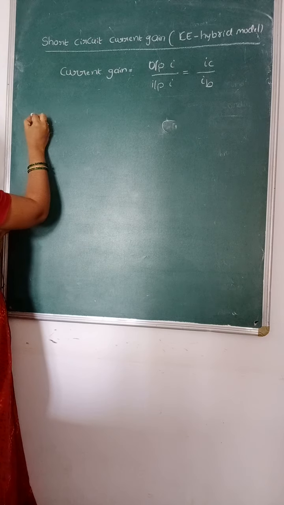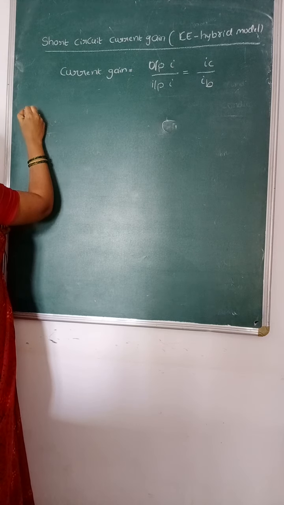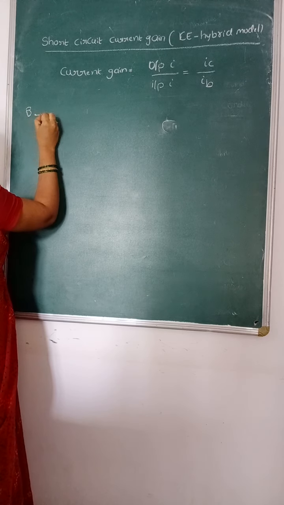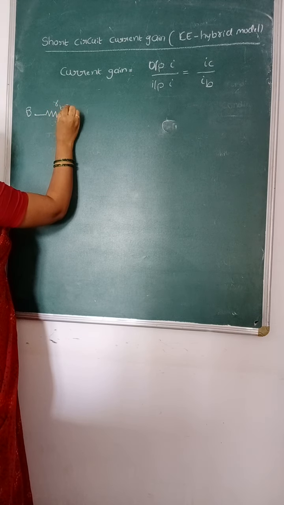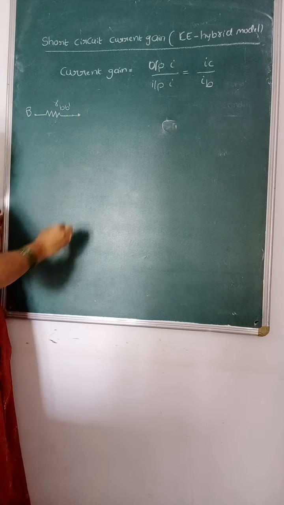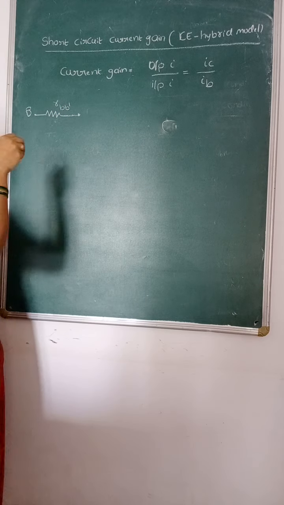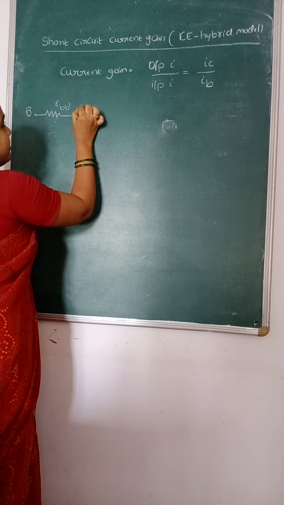In the common emitter configuration, the hybrid model has the internal resistance R BB dash, and this is B dash.